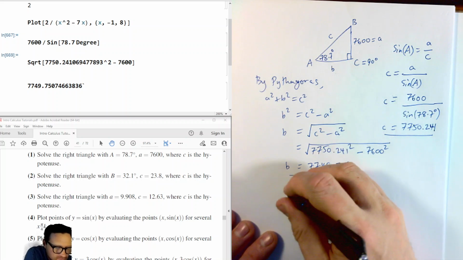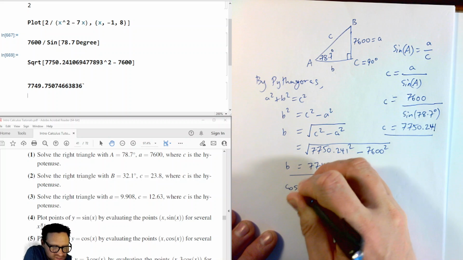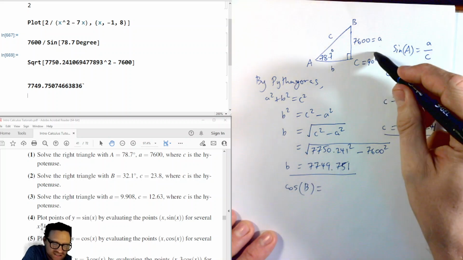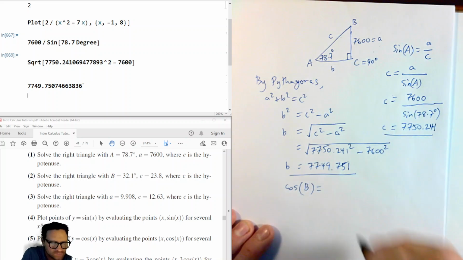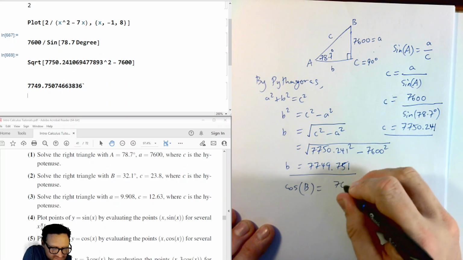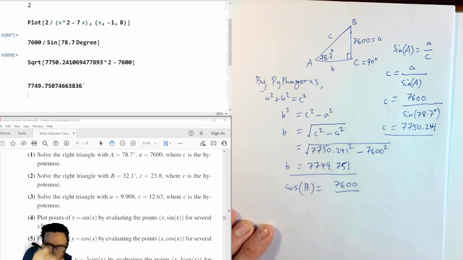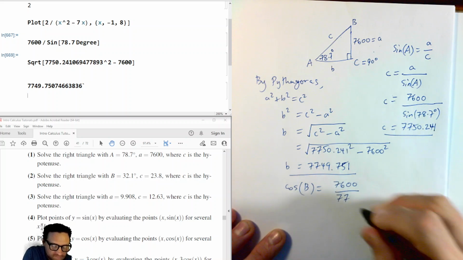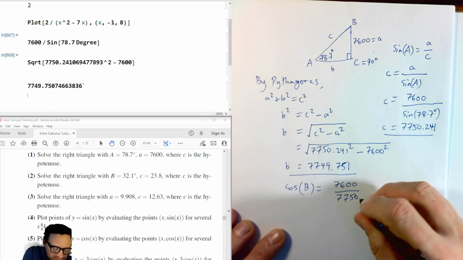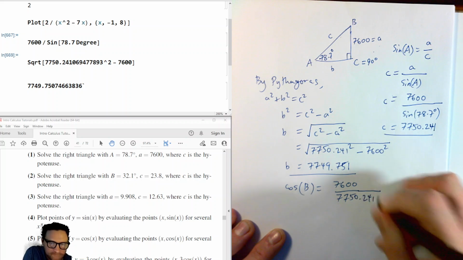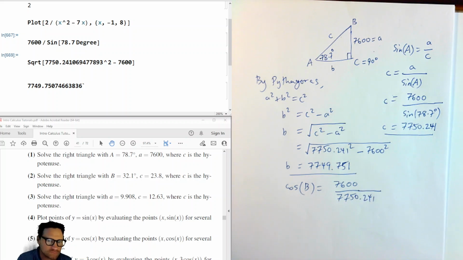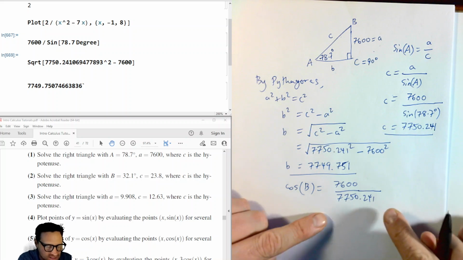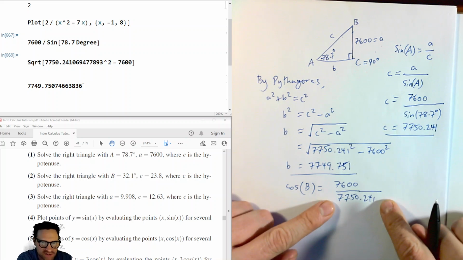cos. So cos of B is adjacent on hypotenuse. So we've got 7600 over 7750.241. Okay, and so now I want to take the inverse cosine of this ratio.